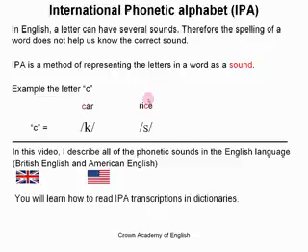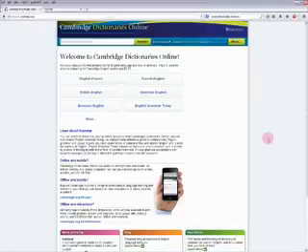And now I'm just going to give you an example dictionary which you can find on the internet where there are IPA transcriptions. Okay, so this is the online dictionary that I recommend.